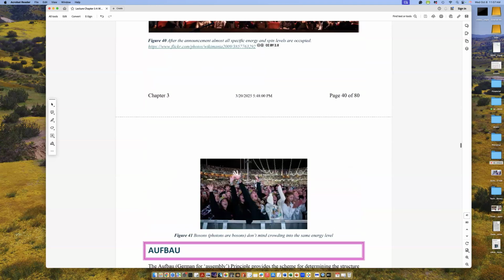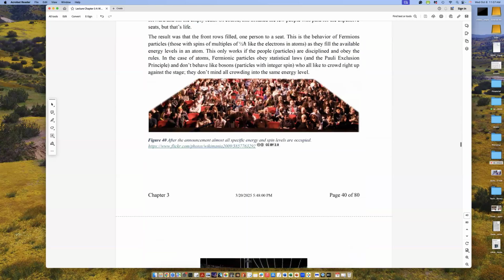But we never allowed this, where there were just crowds of people forgetting about seating. They were all standing up, crashing into each other. This was an orderly process of filling the lower energy states. And if two people tried to get into that seat, an usher would stop them. One of them had to leave and go back farther. And that's the Pauli exclusion principle.